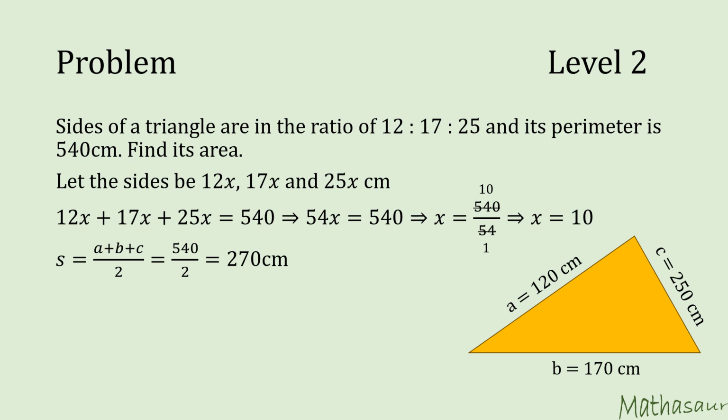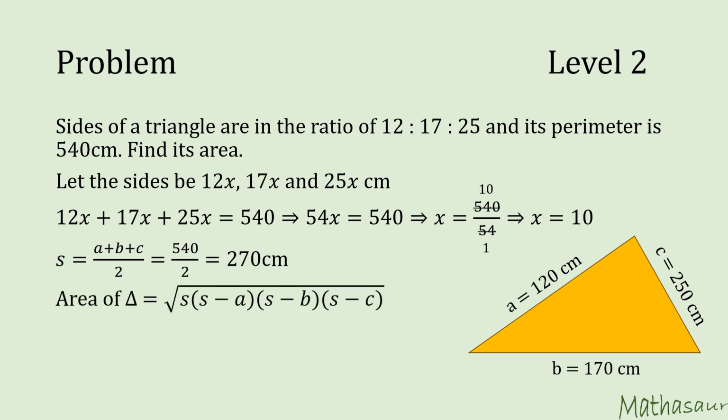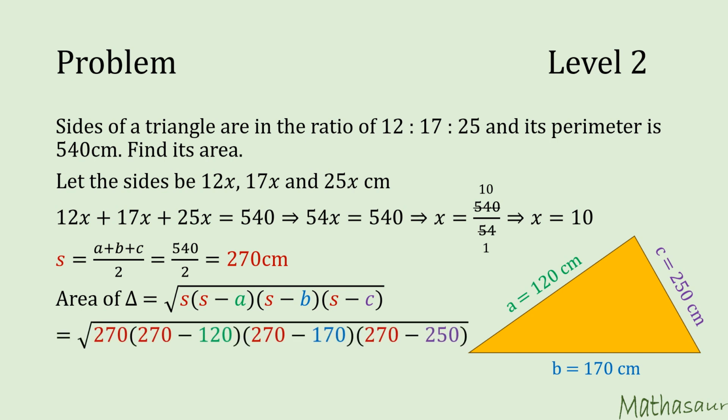or 270 centimeters. Now let us apply the Heron's formula to find the area of this triangle. Let us substitute the values and simplify.